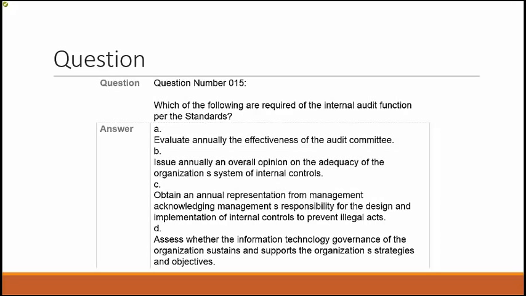What we clearly want to be doing at a very high level within the organization is providing an assessment of internal controls, governance, and understanding the effectiveness of the IT system, making sure that we are in fact going in the right direction. So D is an example of something that the internal audit department may and in fact should be involved in.